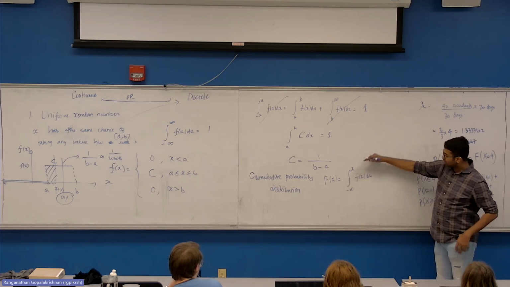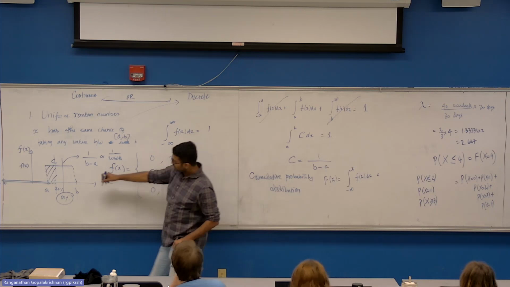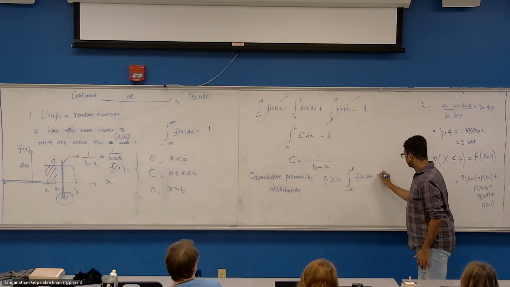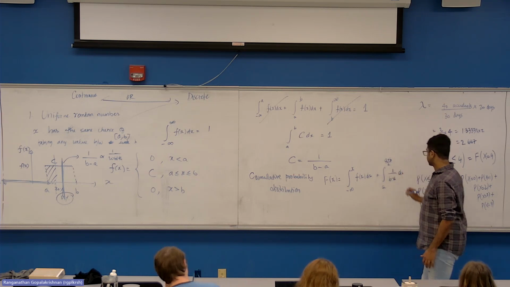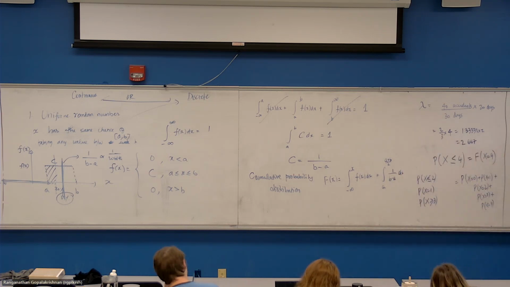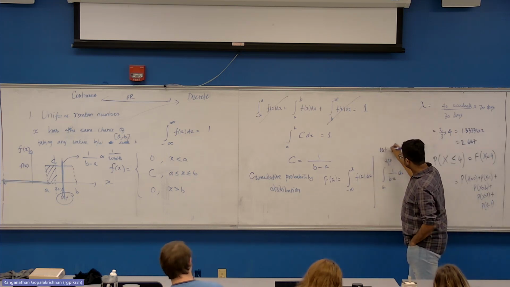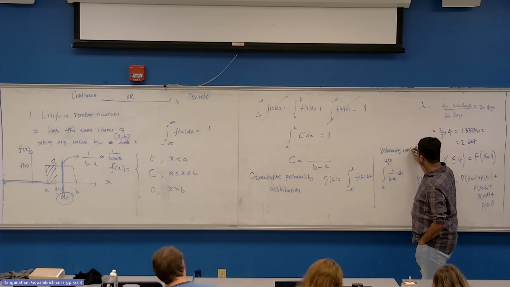So this cumulative distribution function, if I ask you to calculate at the midpoint how much of the probability is contained, how will you do that? That would be the integral from a to (a plus b) over 2 of 1 over (b minus a) dx. So I should write 50%, the probability contained up to the midpoint.